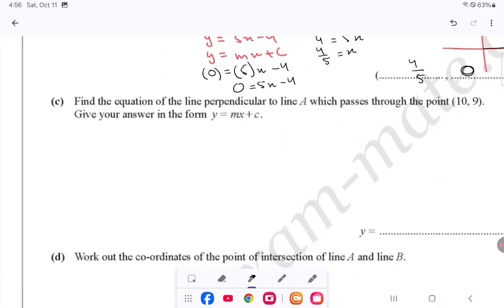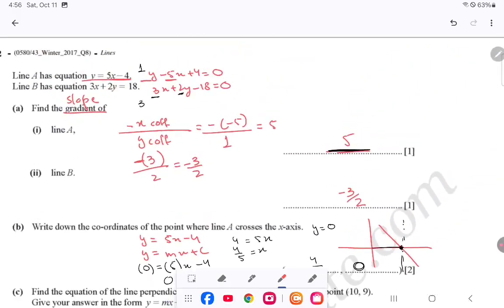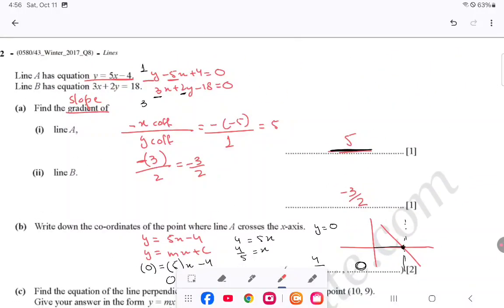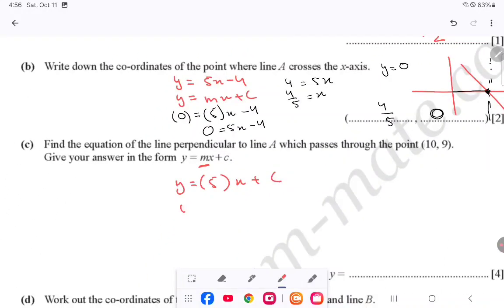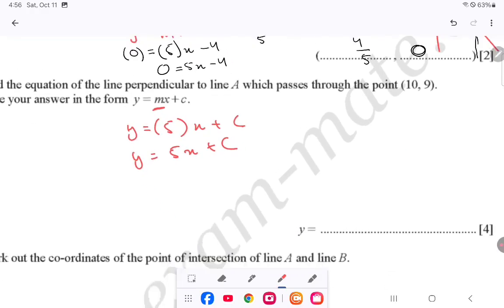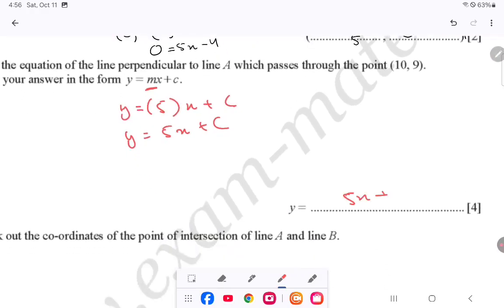We have to just find the slope of line A, and we put the slope right here. mx plus c will be our line equation. The slope of line A we have just calculated in part 1a, which is positive 5. So the line equation will become 5x plus c.